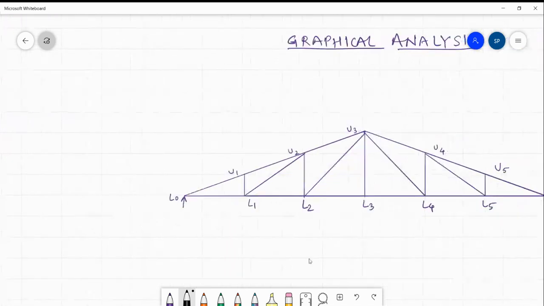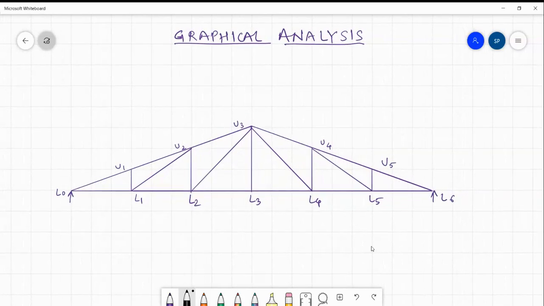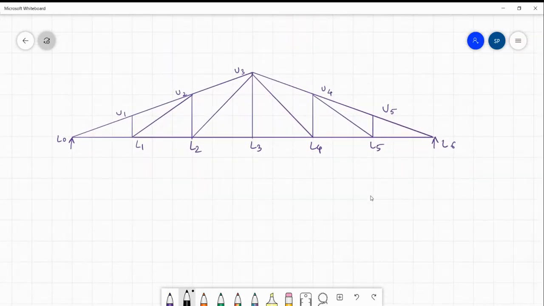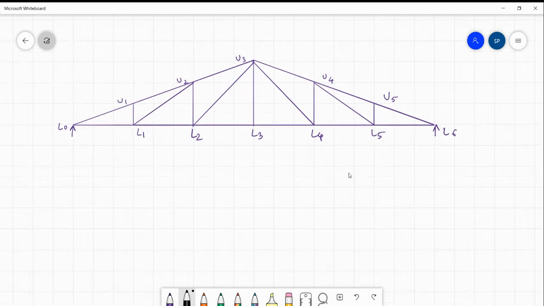Now coming to truss analysis, let's say we have to analyze this particular truss here. Let's say it is subjected to different panel point loads. At the end panel point, there is always half the load of that applied at an intermediate panel point.